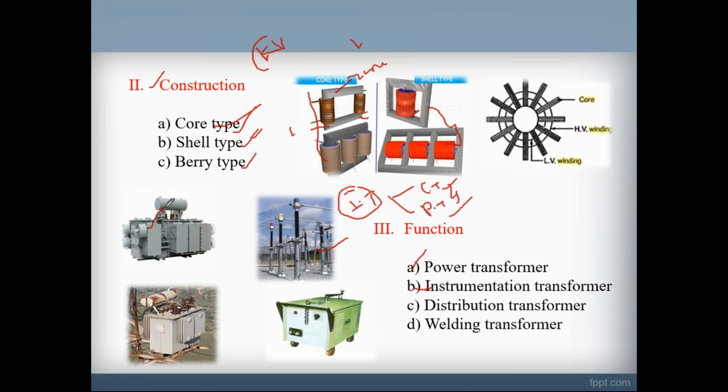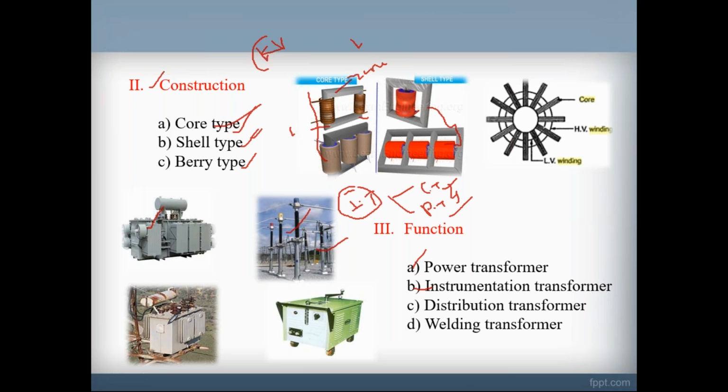So this is the power transformer. It is the instrumentation transformer. Next one is the distribution transformer. The distribution transformer is what we see every day, located in domestic areas, near our streets and in our villages. That type of transformer is called a distribution transformer.